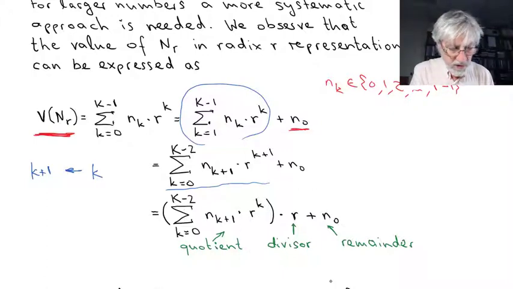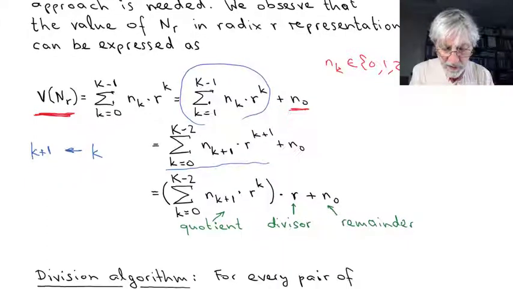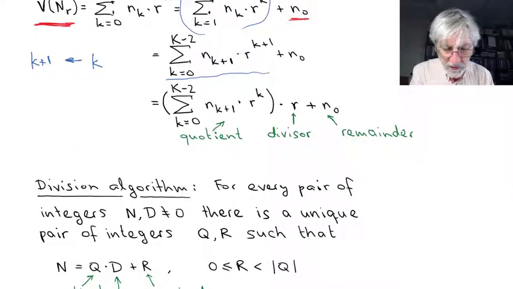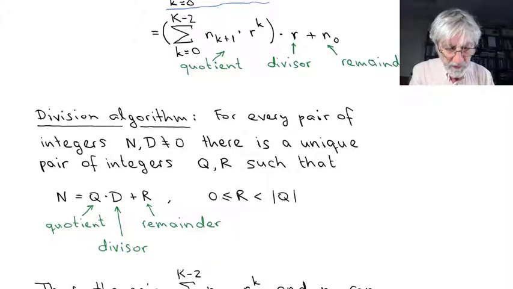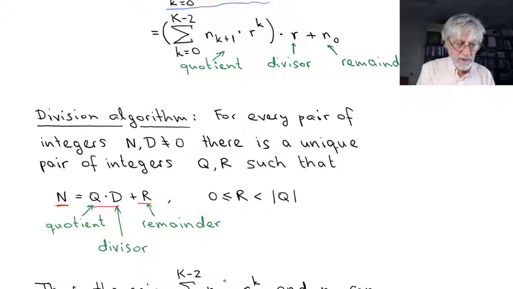So now that looks like the division algorithm. So let's actually take a look at this quickly and then go back to that formula up there. So the division algorithm says that for every pair of integers, capital N and capital D not equal to 0, there is a unique pair of integers Q and R such that N can be expressed as Q times D plus R in a unique manner.